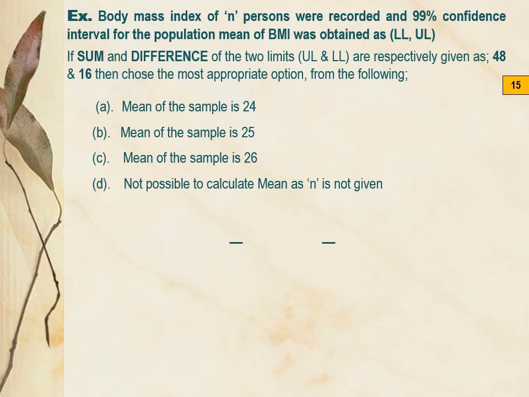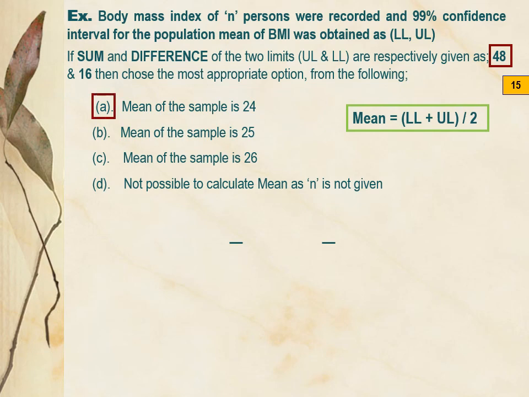That is, 48 is 2x bar, double the mean, and therefore half it, divided by 2, and it will give you the mean. Hence your answer is the first option.